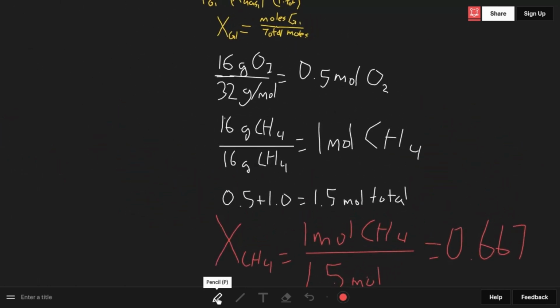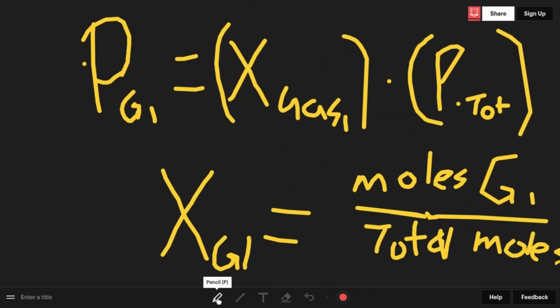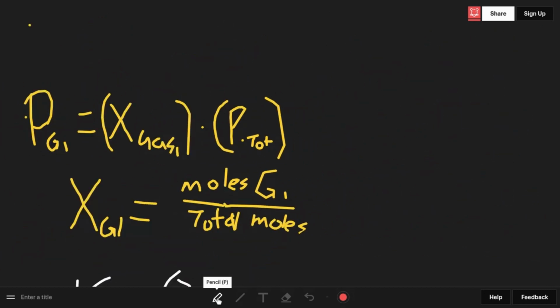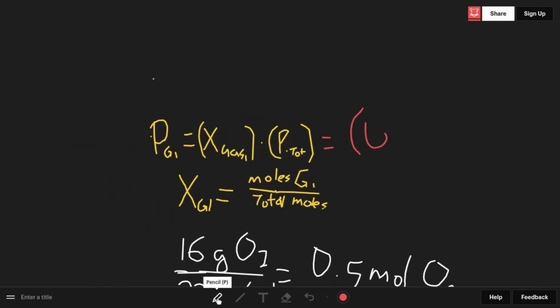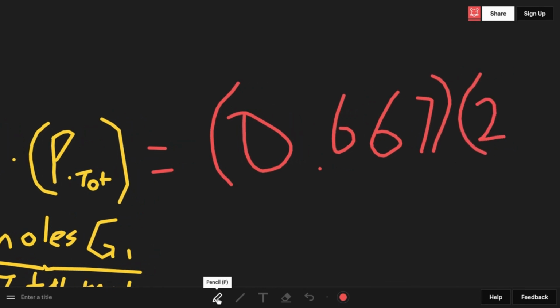Now, we plug this X value into the equation up here, so then we get the pressure of the gas, which is what we want to find. So that is our X value, 0.667, I'll just round, times the total pressure, which is 2.